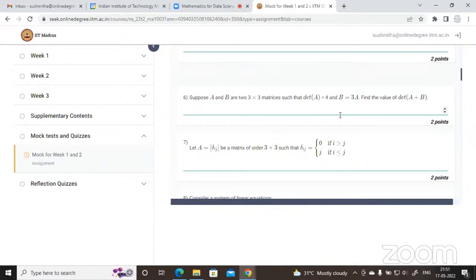You'll get 4A, so you'll get 4 cube into the determinant of A. So 4 power 4 is 256. Determinant of A plus B is not the determinant of A plus the determinant of B; you put the value of B. So determinant of 4A is 4 cube into the determinant of A.